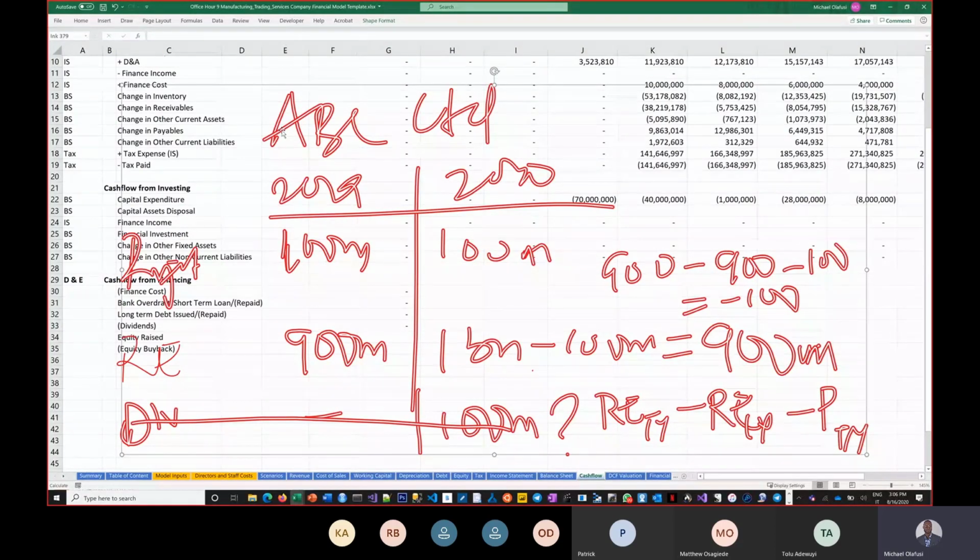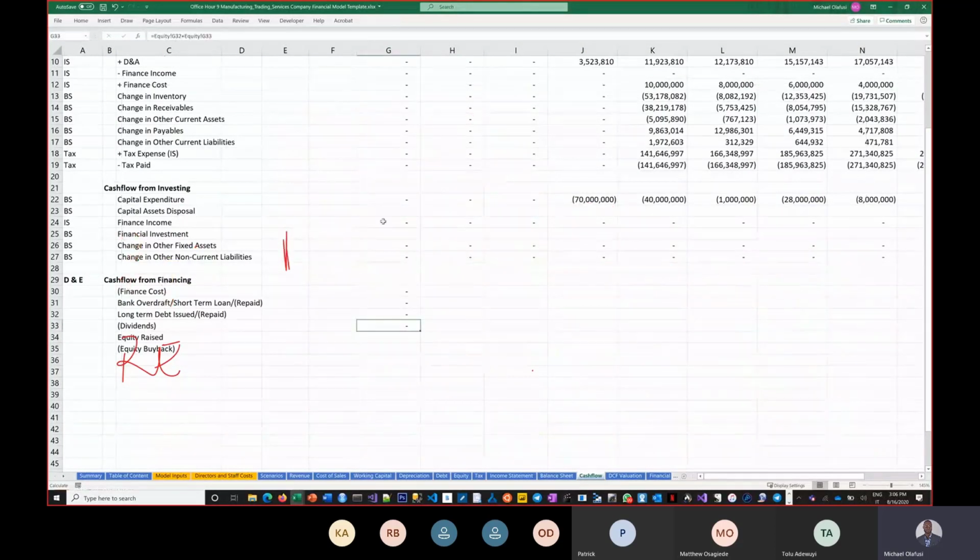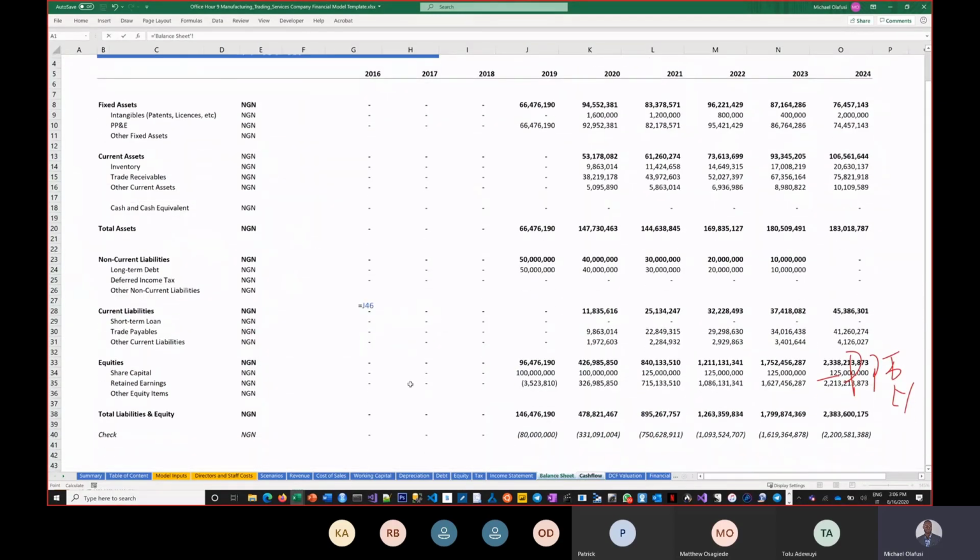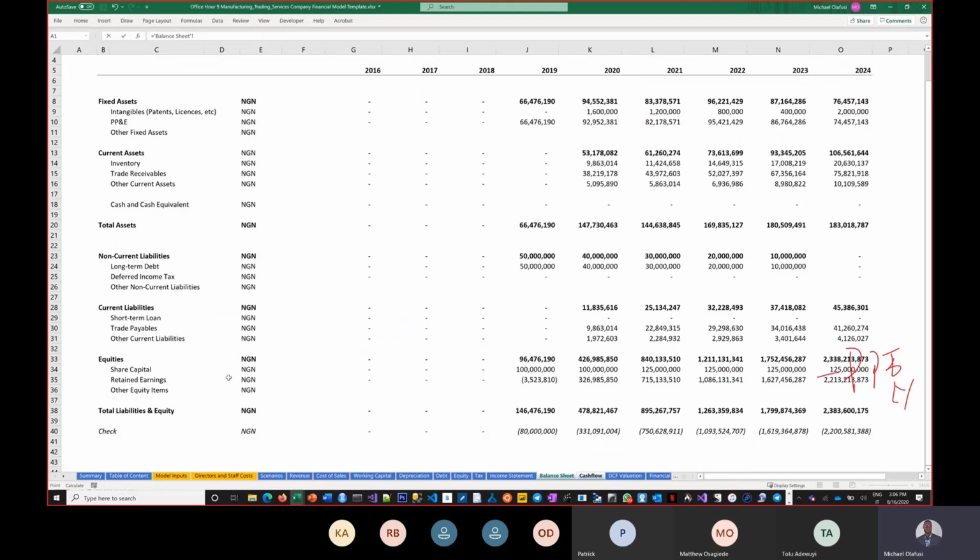So I'm going to delete this, and then we will wrap it up. Wrapping it up means I do equity raised. Equity raised is again going to be changes in share capital. So changes in share capital and other equity items.